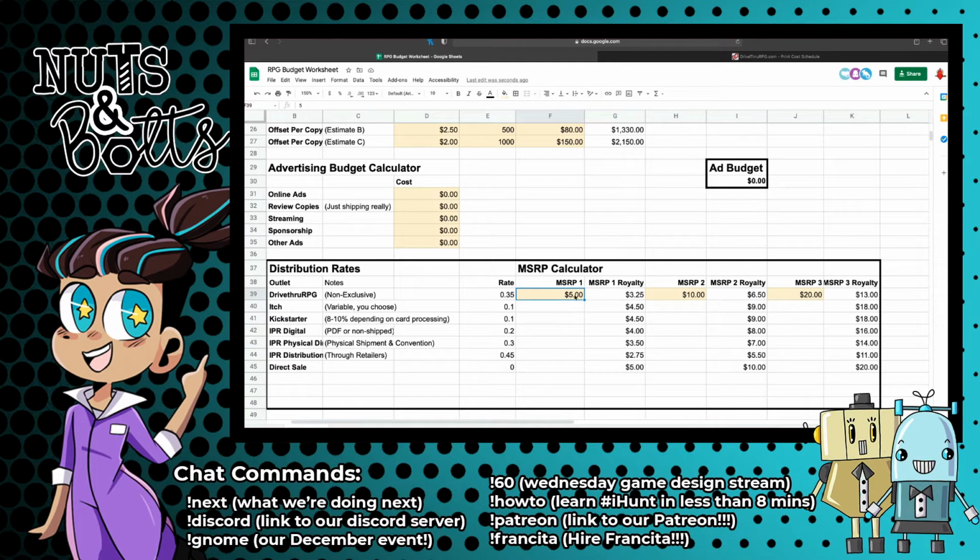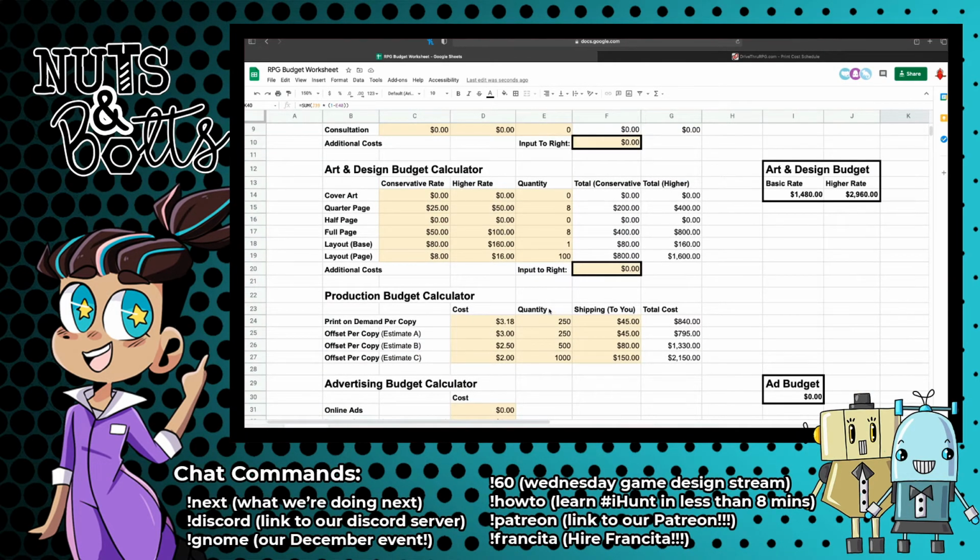Through drive-through, we're going to make $3.25 per copy. That's bullshit. There's no way I'm going to do that. At $10, we make $6.50? Maybe. At $20, we make 13. That's much more reasonable, especially considering through direct sales and through other things like Itch, we're going to get a lot more. So that's going to recoup a lot of the money that we eat by selling through drive-through.